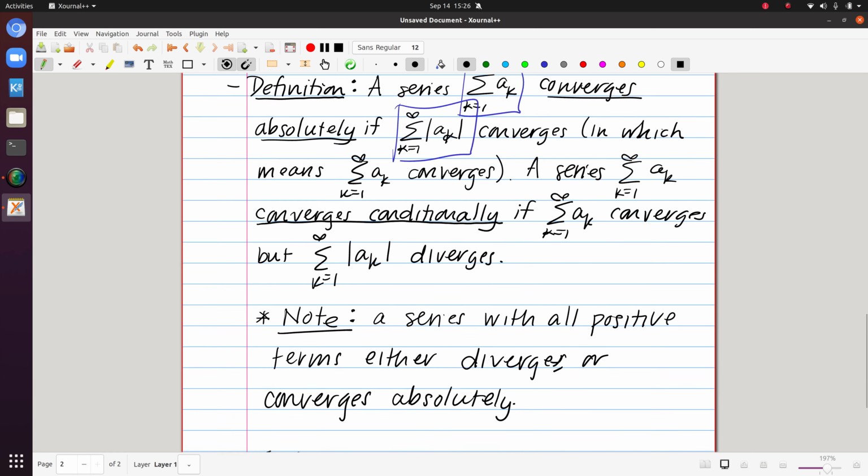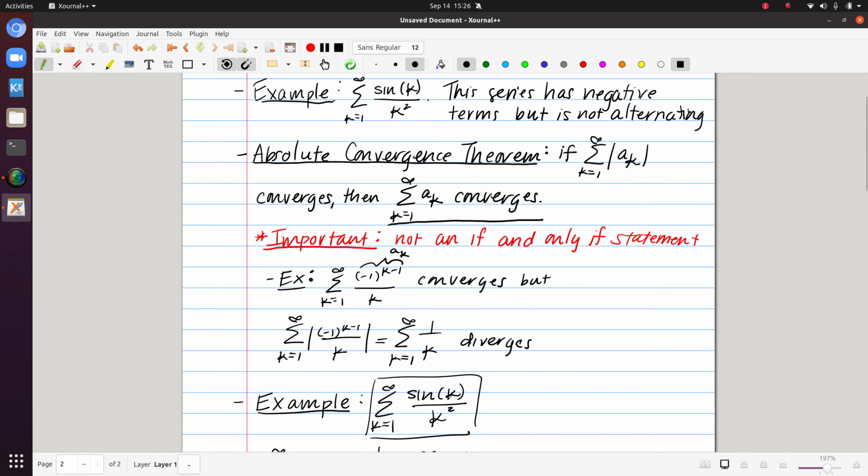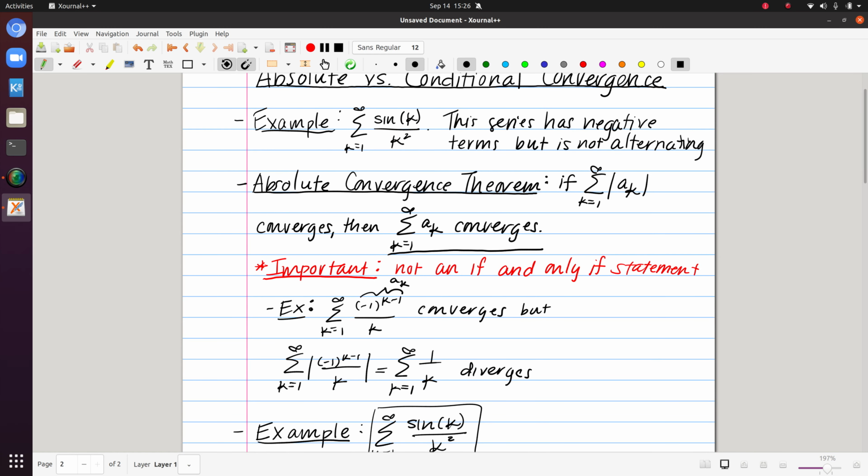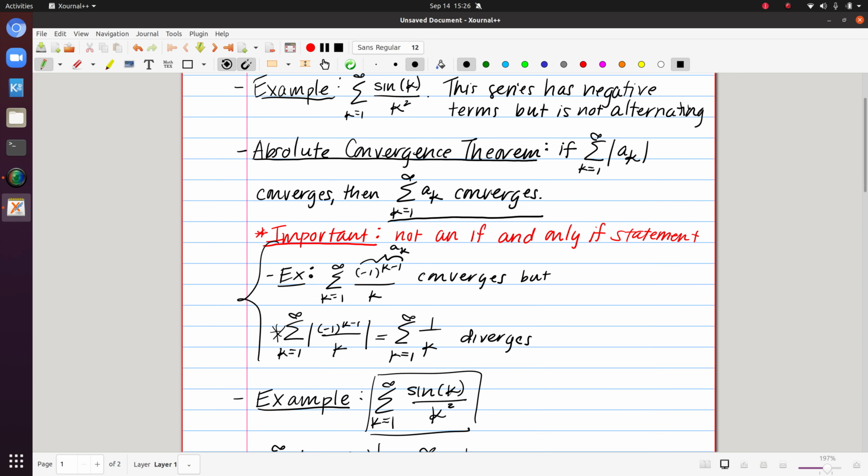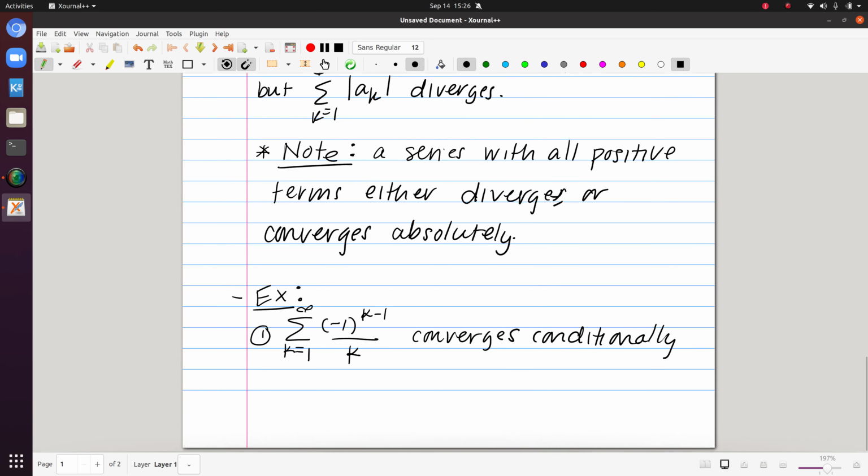Again, for reference, we've already looked at that without that terminology up here. We said that the series itself converges by the alternating series test. And then in the second line, we looked at the sum of the absolute value of the terms. That led to the harmonic series, which diverges. That's a perfect example of conditional convergence.